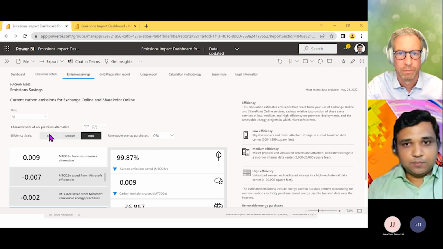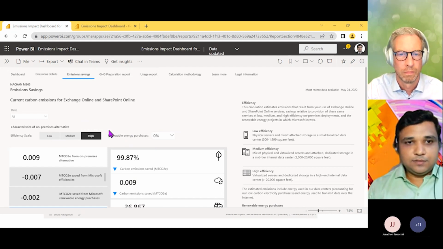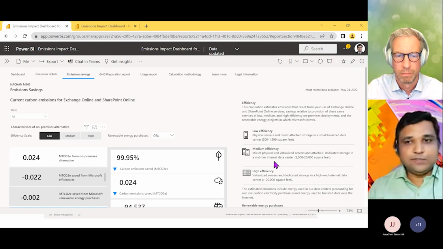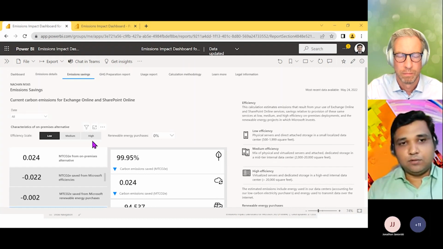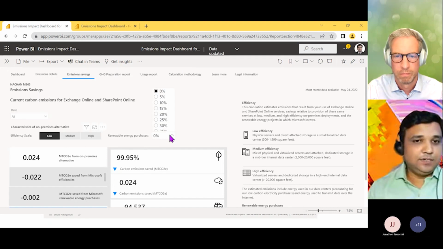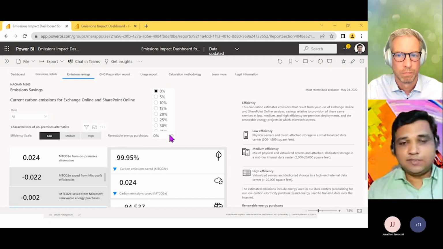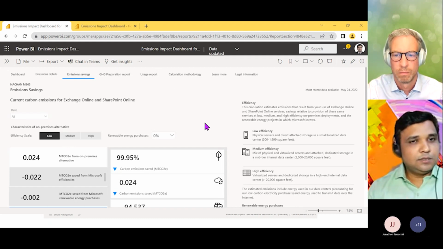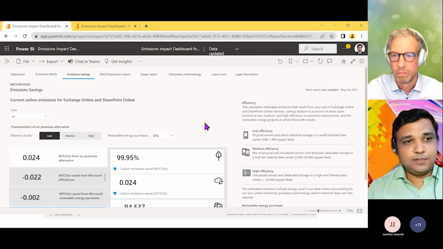For example, if you have all physical servers, you can go for the low efficiency scale. If you have a mix of physical and virtualized servers, you can go for the medium scale, and then you can select the percentage of renewable energy purchases, and this dashboard will do the calculation for the emission savings.